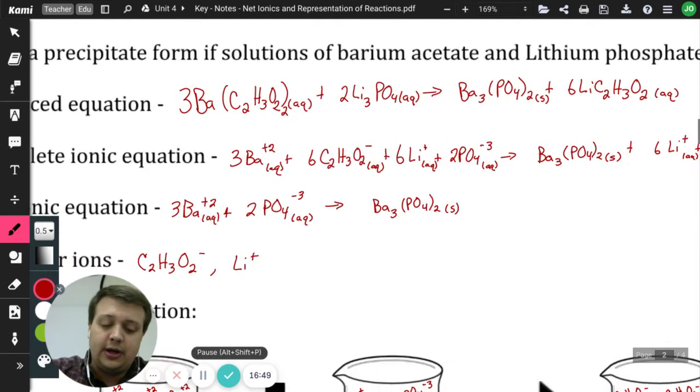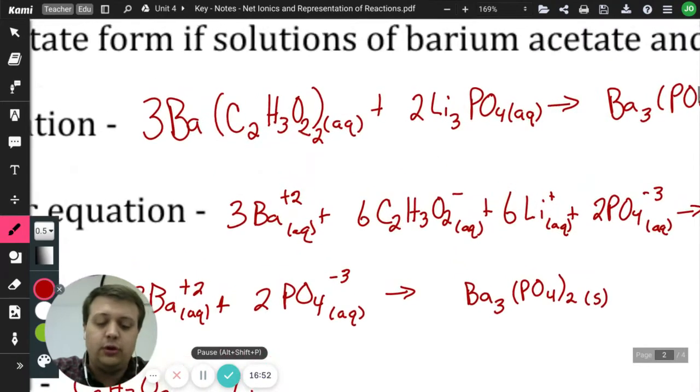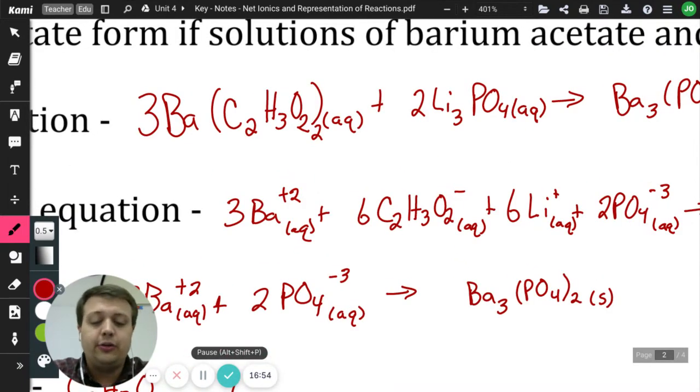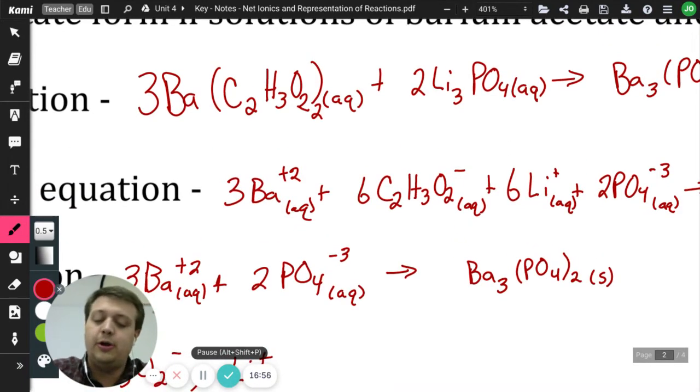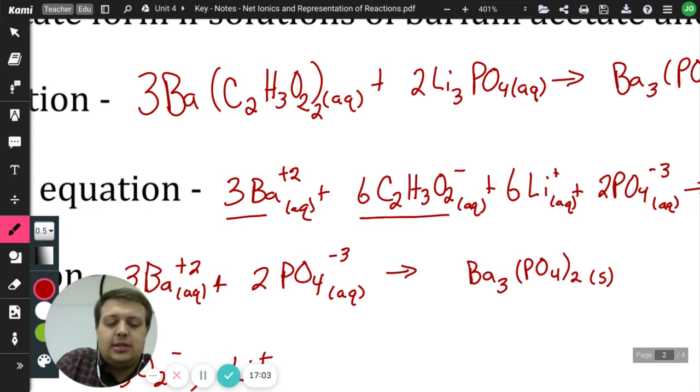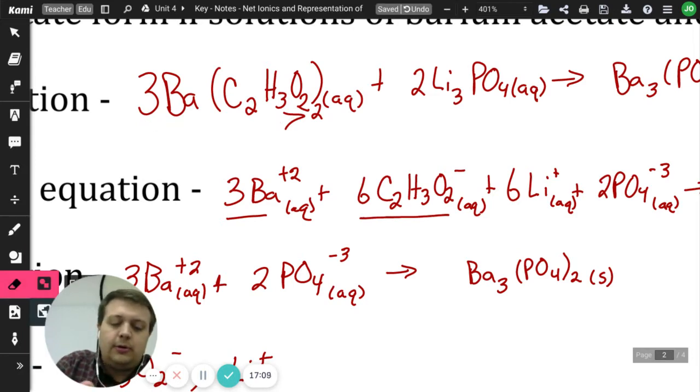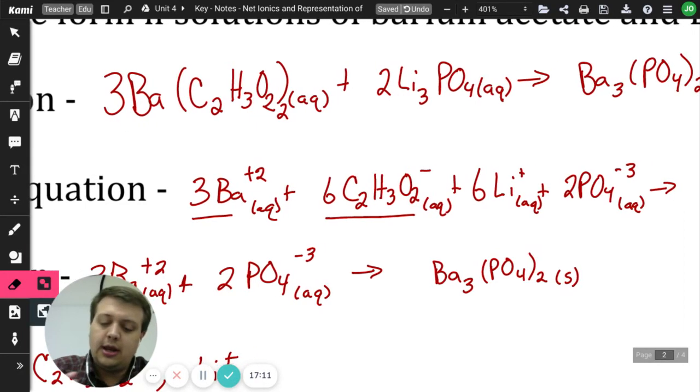So for my complete ionic equation, the first thing is to look at this barium acetate. So I did know it was aqueous, so I separated into my barium and my acetate ions. I had 3 bariums and 6 acetates. So I found 6 because it was the 3 times the 2 over there. Then I moved on.